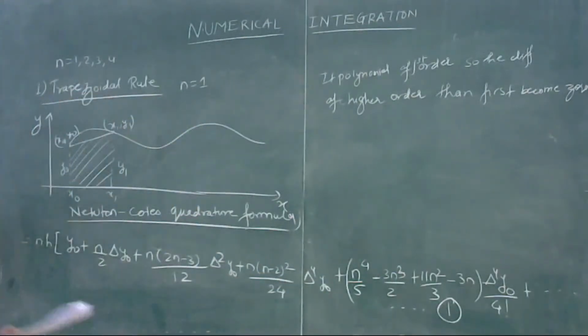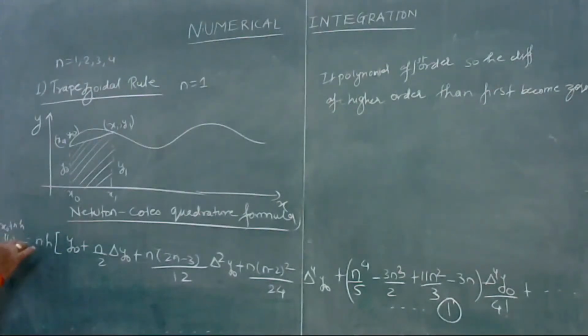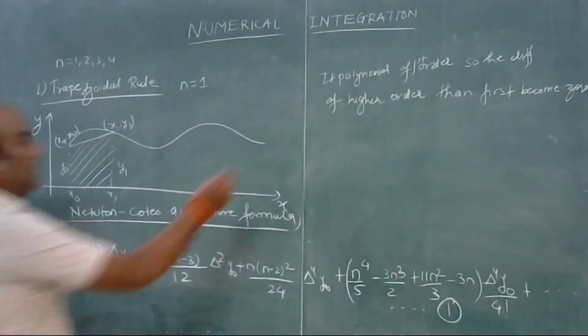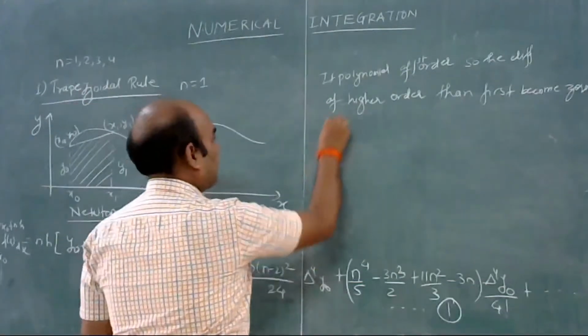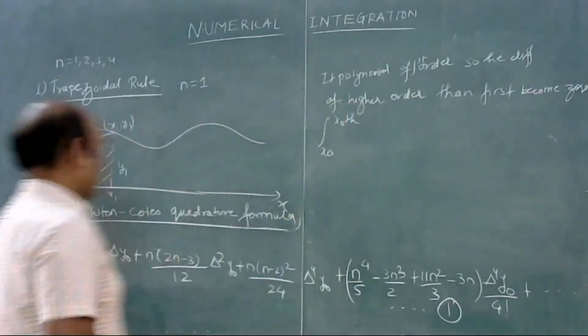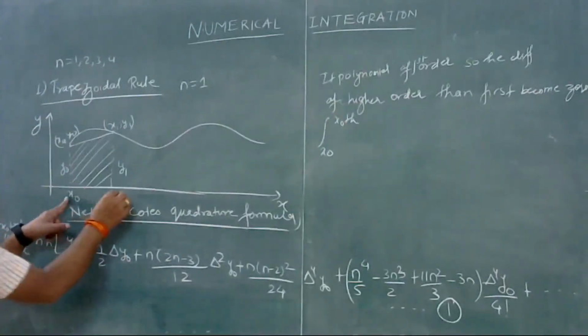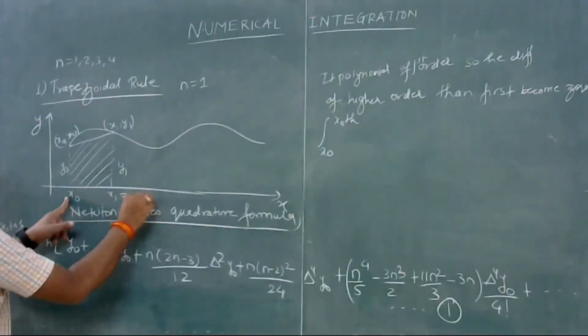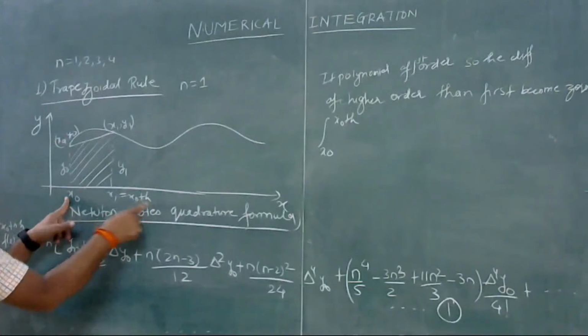So this is the integral from x0 to x0 plus n h of f of x dx. Here we are putting n equal to 1, so this will become x0 plus h. So this is x0 and this is x0 plus h; x1 is x0 plus h.